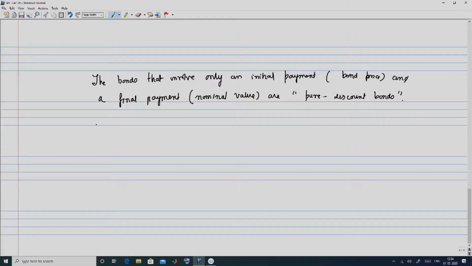So, to accommodate that, we introduce another terminology which are basically called the coupon bonds, and let me elaborate on that.